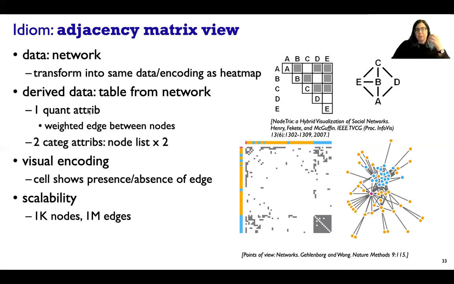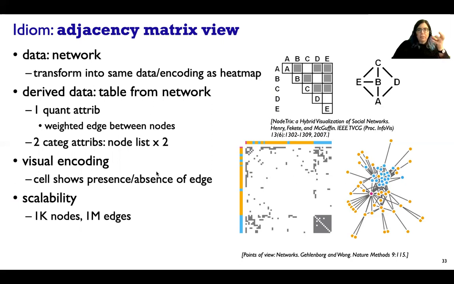And in fact, instead of just being 1 or 0, it can be a weighted edge if we want to have that. And so here are a couple examples of, again, a very simple visual encoding and then a much more complex one.